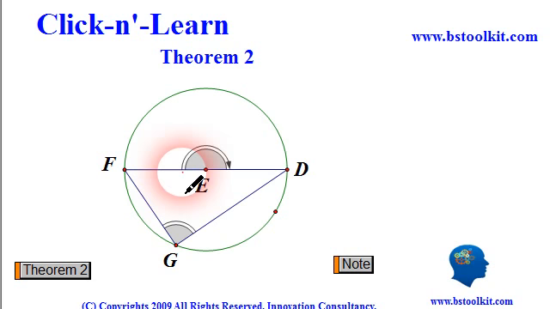We also know the sum of the interior angles of a triangle add up to 180 degrees. The interior angles of a triangle, this angle plus this angle plus this angle, is equal to 180 degrees.